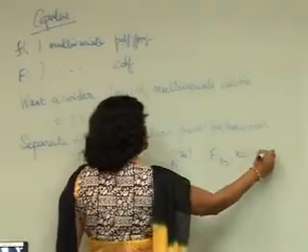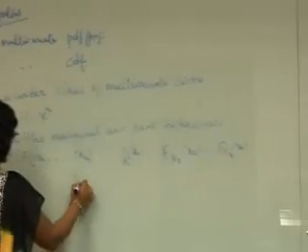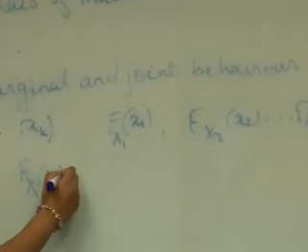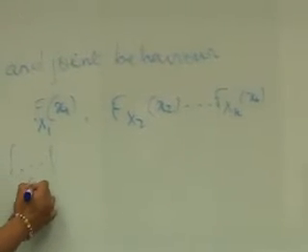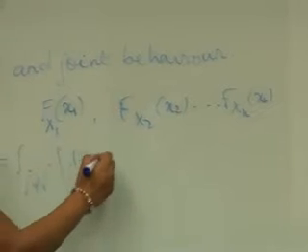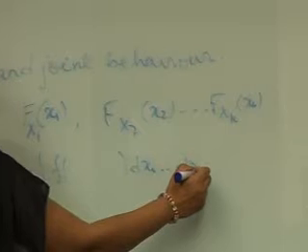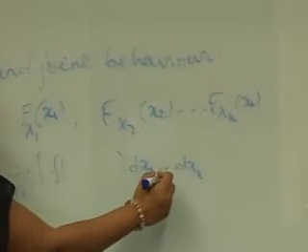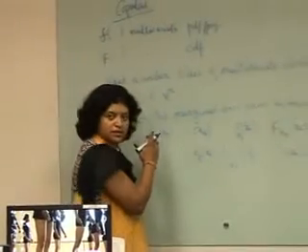In general, f_i of x_i is what you get when you integrate with respect to all the other variables, j not equal to i, of the joint density dx1 to dxk, but you do not have the ith one. Okay, so you integrate over all the other things and then you get the marginals.